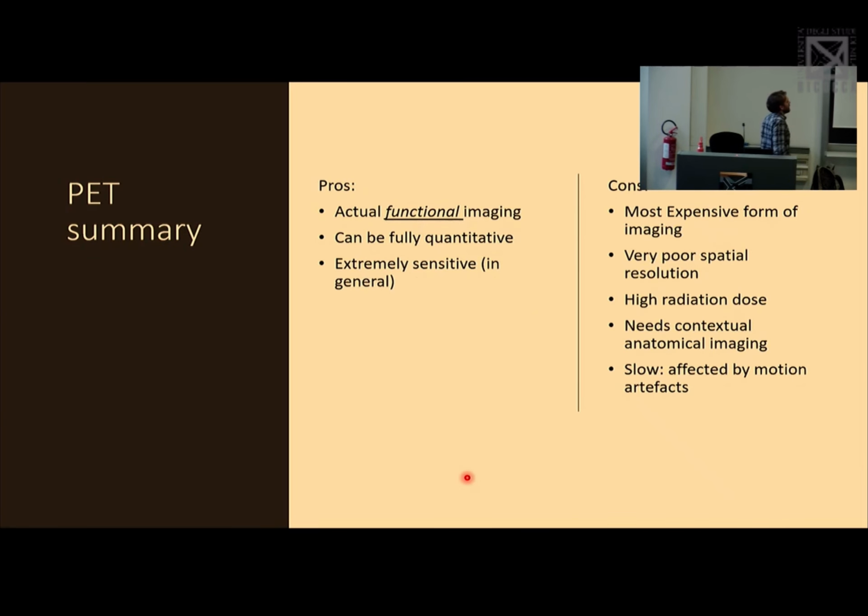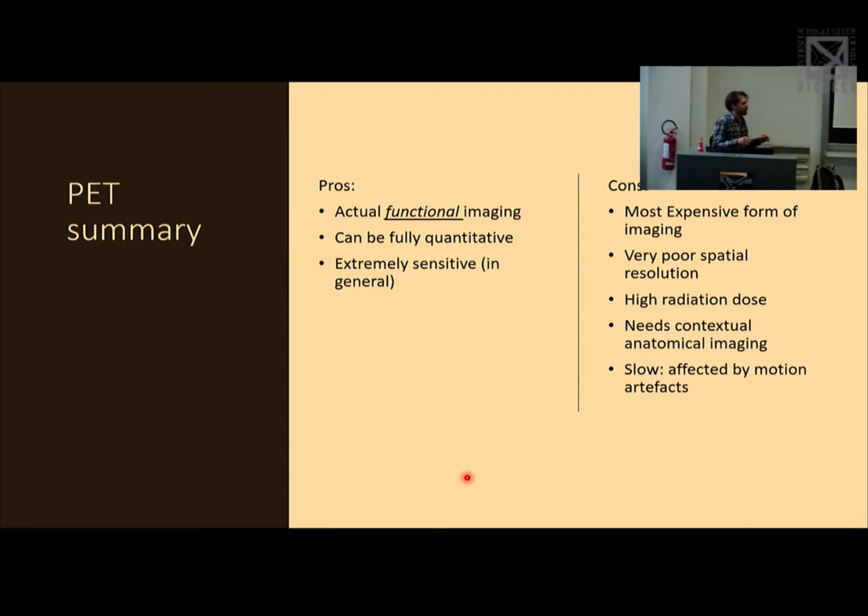Summary: it's functional imaging, proper functional imaging. No other modality can give you that. It can be fully quantitative. In general, it is extremely sensitive to most tracers because you are targeting very specific biological processes. I didn't mention that, but when you inject a tracer in the body, the amount that you are injecting is truly ridiculous.